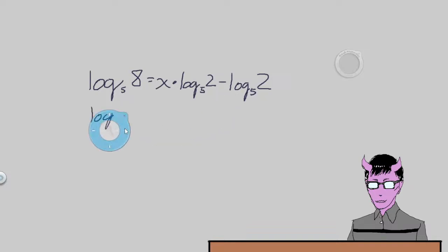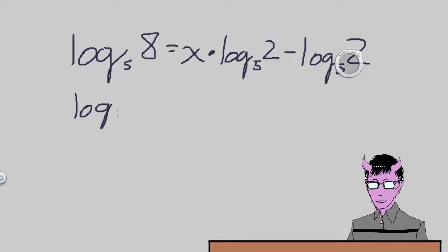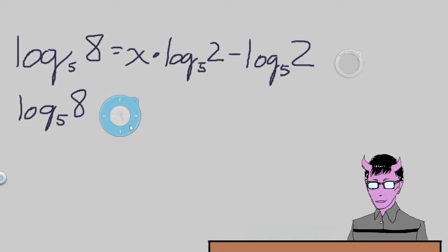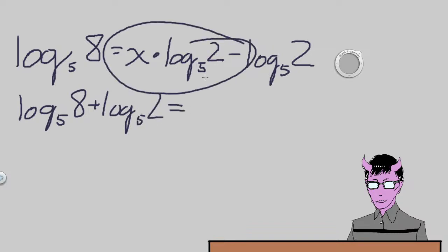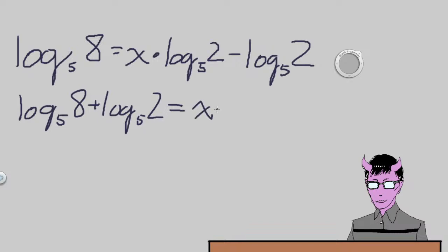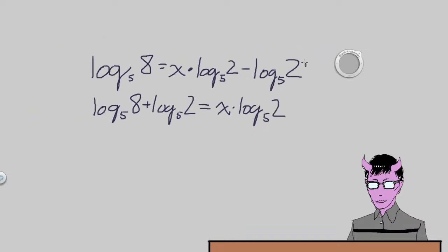So we're going to get log base 5 of 8 plus this one, because we're adding it to both sides, is equal to that one. And this one is plus 0.